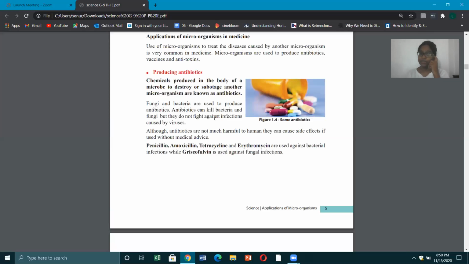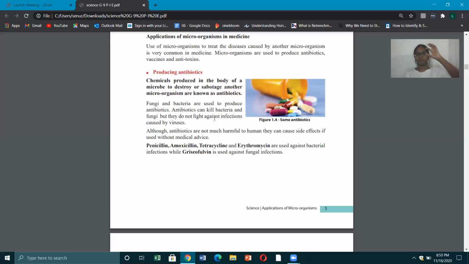Okay, so antibiotics, it's the same here. You use a chemical produced in a microorganism in order to destroy or sabotage, sabotage is also damage, destroy, another microorganism.